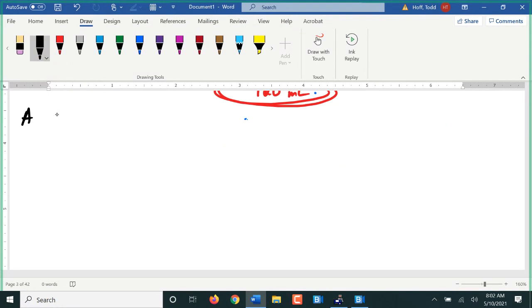So let's say we have a 12-quart basin, a reservoir. A 12-quart reservoir tests at 35%.